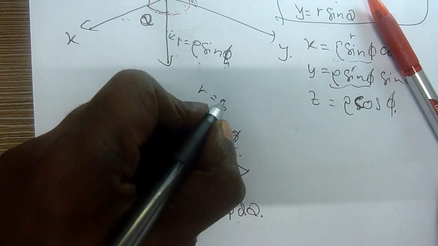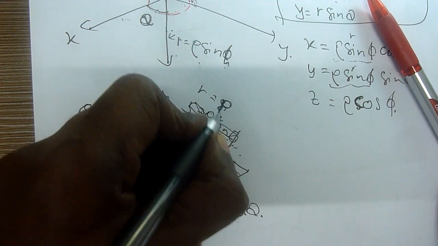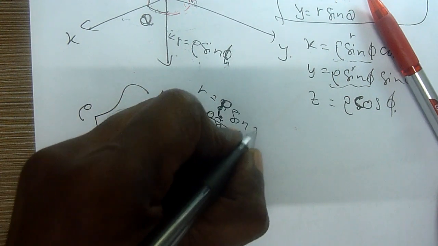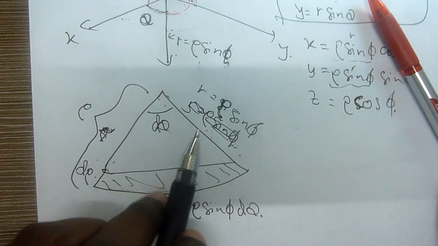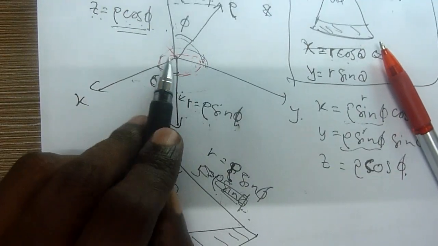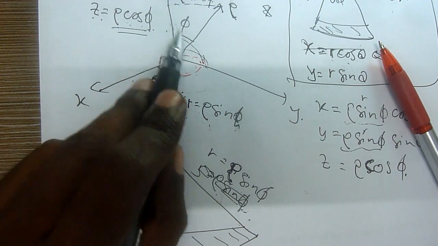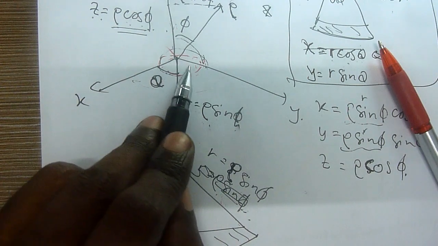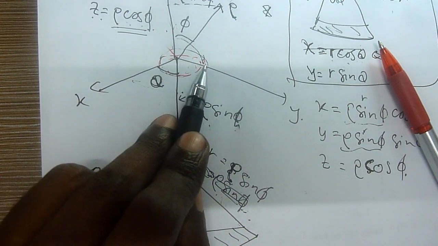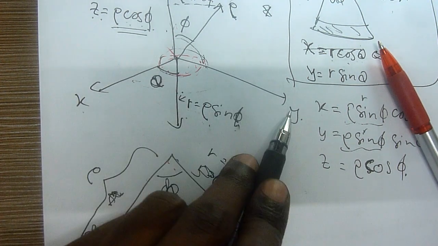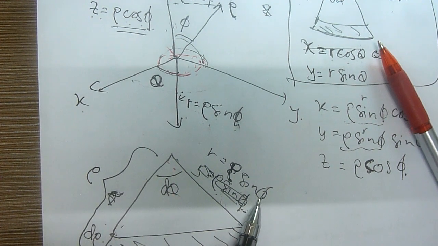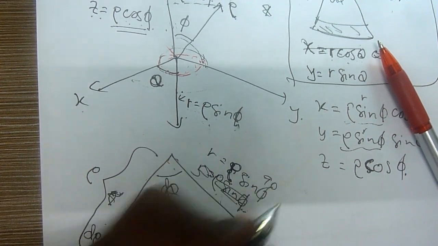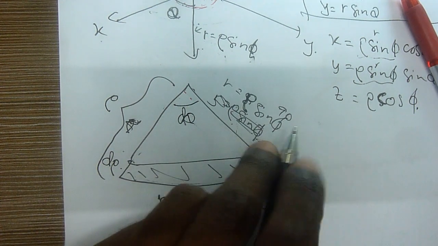Can I say this as rho to the sine phi? Yes, but you see on the axis base here, when I bring it to the horizontal line, to the coordinate system called xy plane, this one automatically becomes 90.